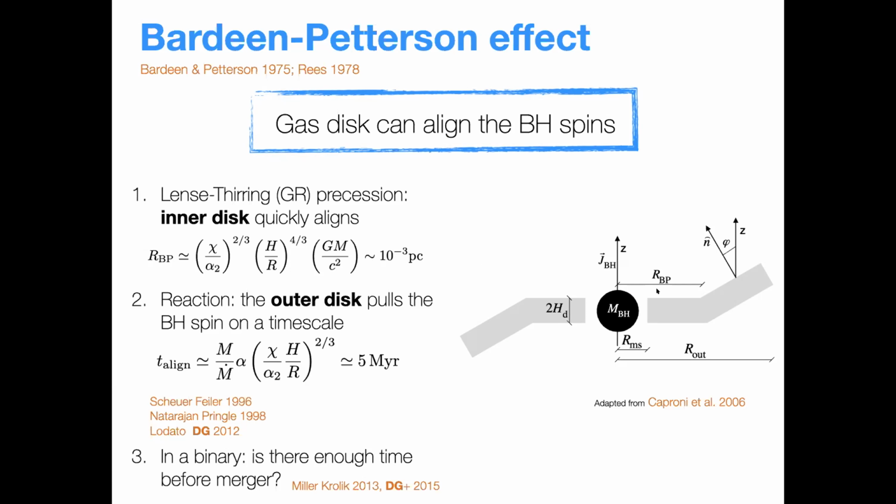Not indefinitely, but up to the point where warps in the disk can efficiently redistribute the angular momentum, which is this critical radius called the Bardeen-Petterson radius, or the Lense-Thirring radius.